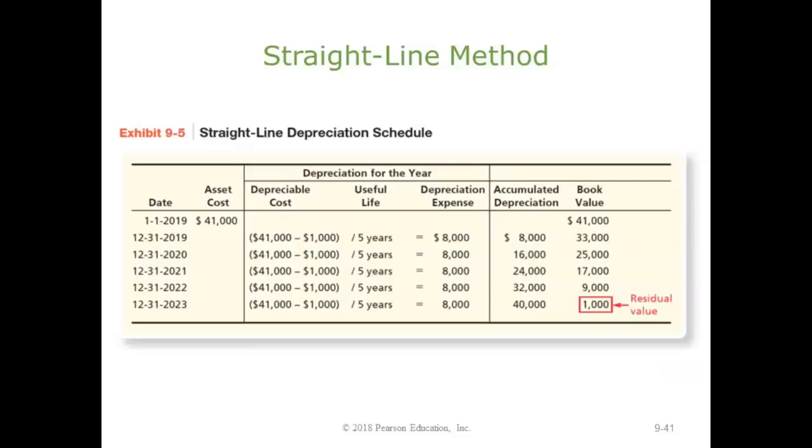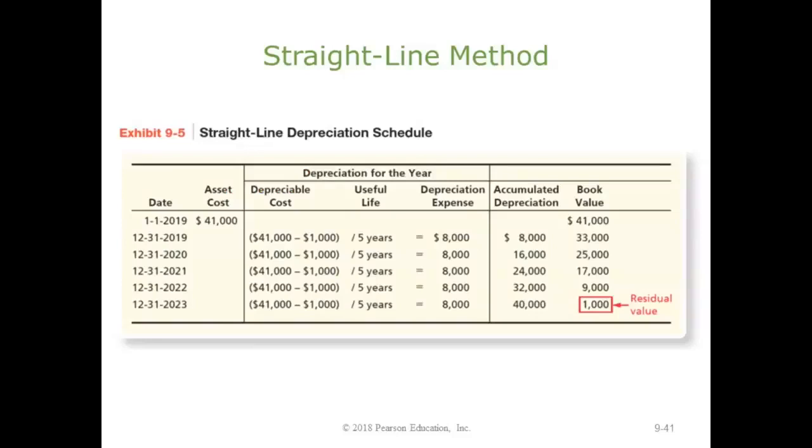And so you can see here at the start of the year, we've got an asset cost of $41,000. Now, my depreciable cost is always going to be my cost minus my residual value. And again, that's going to be $40,000, as you can see, divided by my useful life of 5 years. Now, my depreciation expense is going to be $8,000 every year for 5 years.